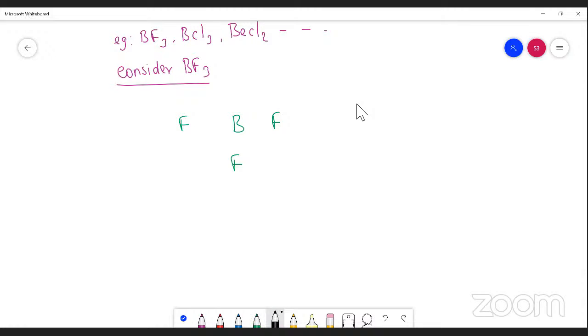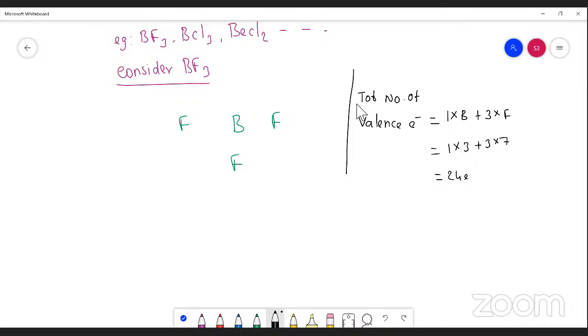Now we find the total number of valence electrons. It is 1 into boron plus 3 into fluorine. So 1 into 3 plus 3 into 7, which is a total of 24 electrons. Correct?